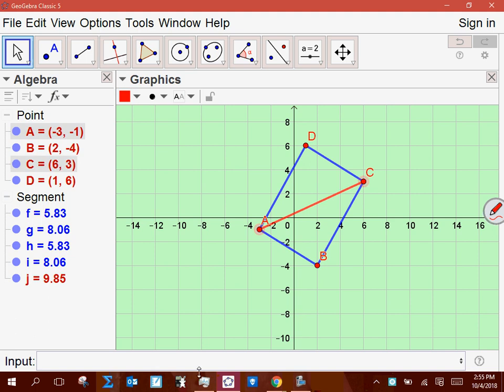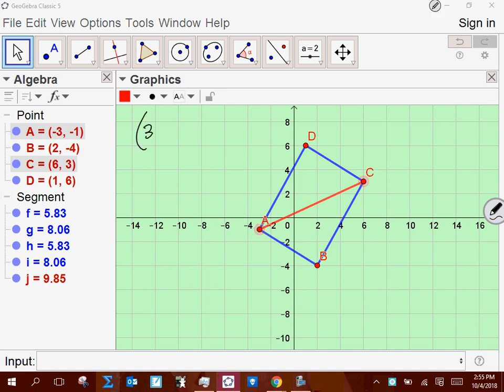We've talked about how we take those ordered pairs, A and C. We add the x's, right? So we got -3 plus 6, and we'll divide that by 2. Then we add the y's. -1 plus 3, divide by 2. And that gives us the ordered pair of 3/2, comma 1, doesn't it? Is it okay with everybody?